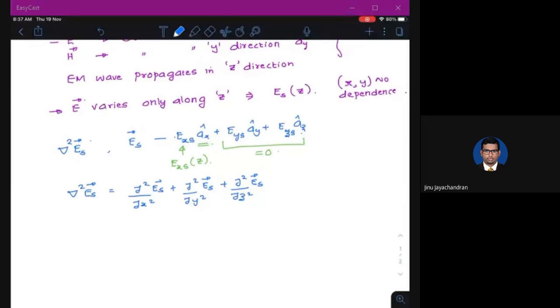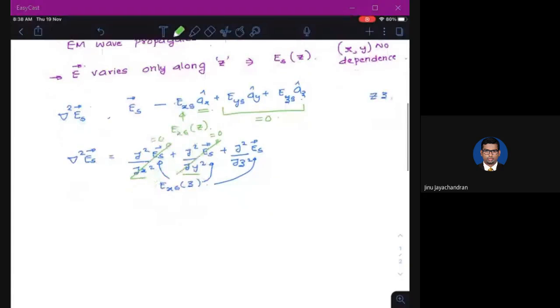And Es has only Exs of z. I write z in both forms, this or this; both are the same. So Es is a function of z only, which means when you differentiate with respect to X or Y, the value will be zero, because Exs is only a function of z. Something like omega t minus beta z, it doesn't depend on X and Y.